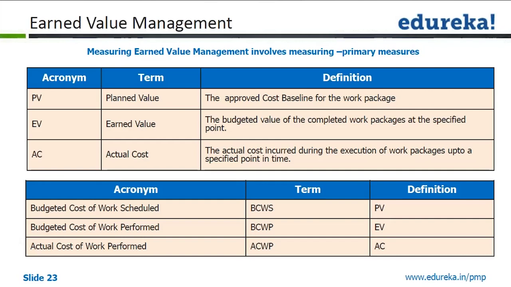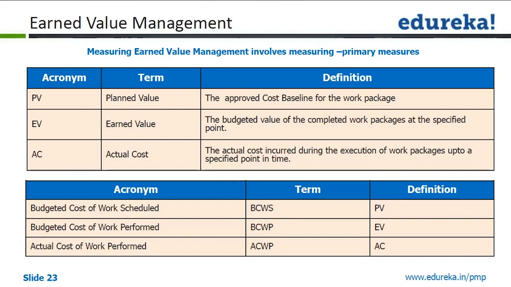And actual cost is the actual cost that you have spent, say in terms of man, material and machine. So if you have actually spent, for bricks, cement, sand and for the labor, say 200 rupees, then 200 is your actual cost.